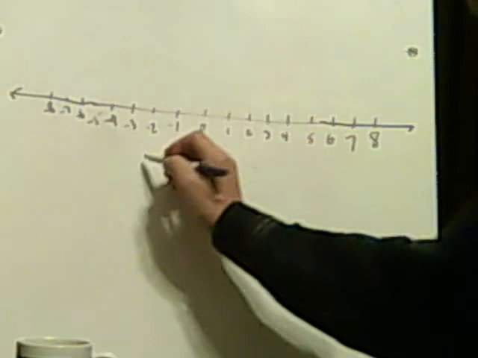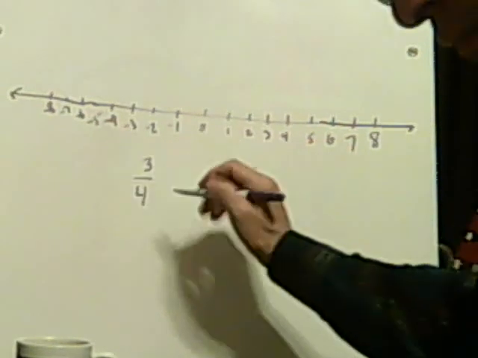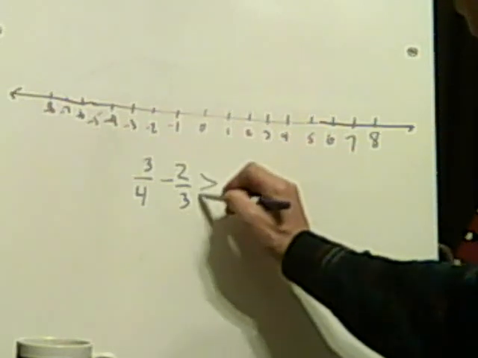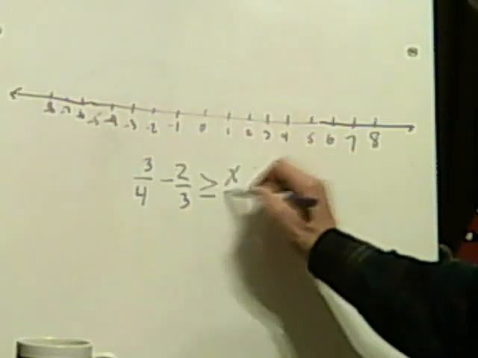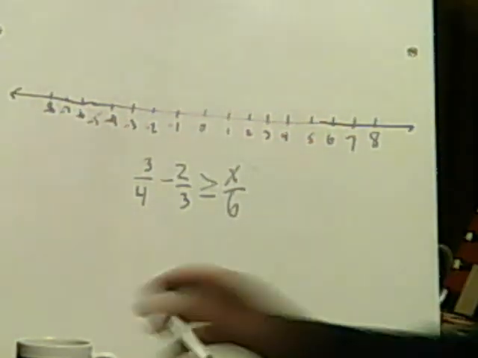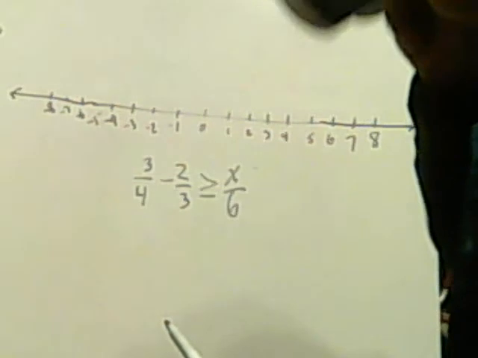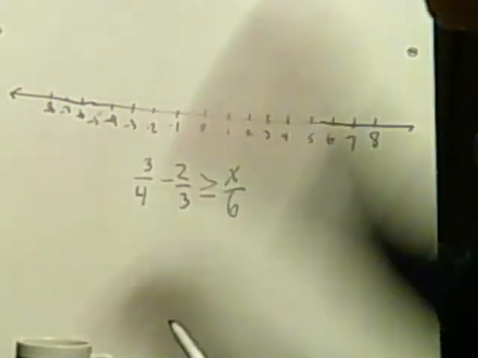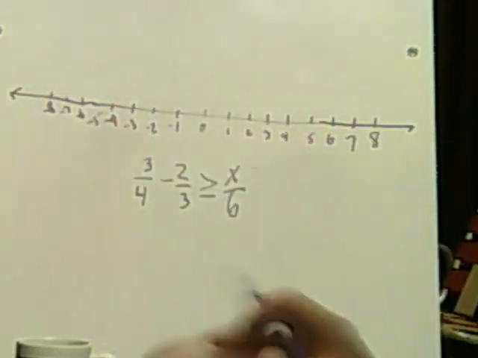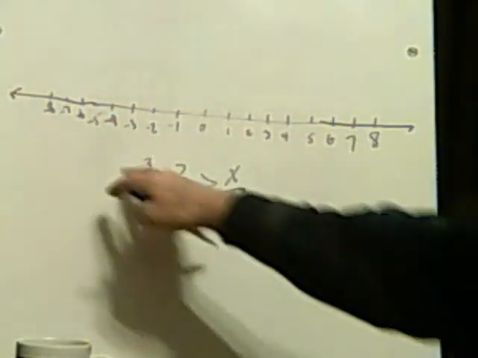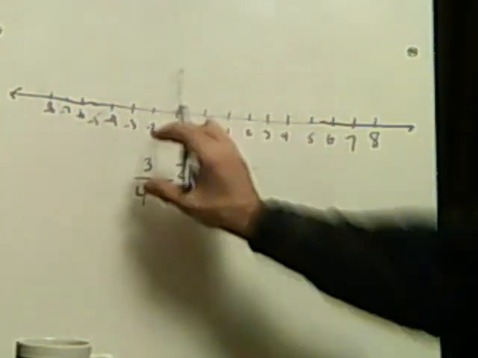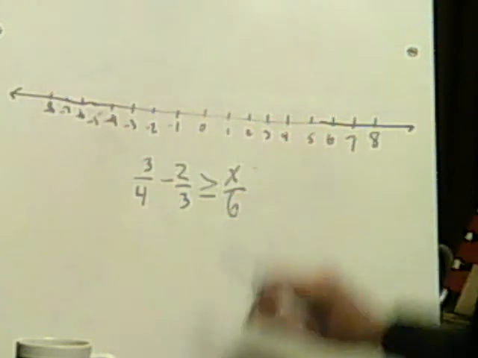42. 3/4 minus 2/3 greater than or equal to x over 6. Okay. Now, we can add these fractions a couple different ways, but I think if we multiply both sides by 12, that's actually going to get rid of all these numbers in the bottom, see?